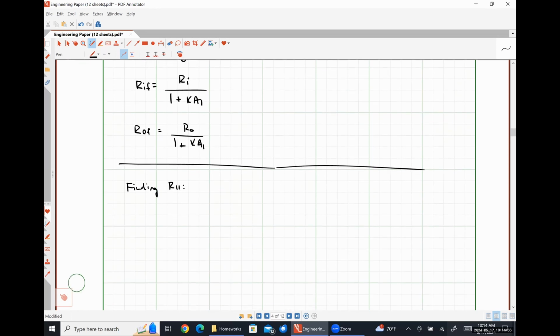So finding R11. What did we do when we had a parallel connection previously? How did we find R11 for a feedback voltage amplifier? Because that was a parallel connection at the output side. Open circuited port 1, short circuited port 2.